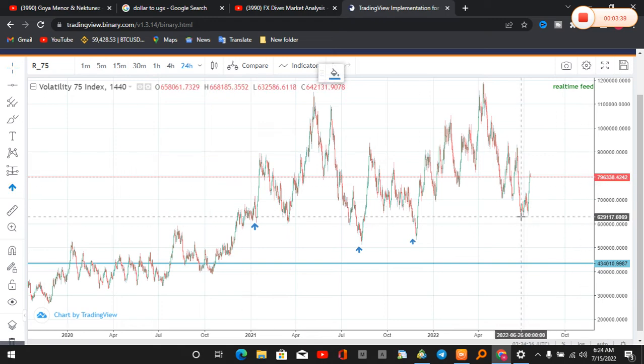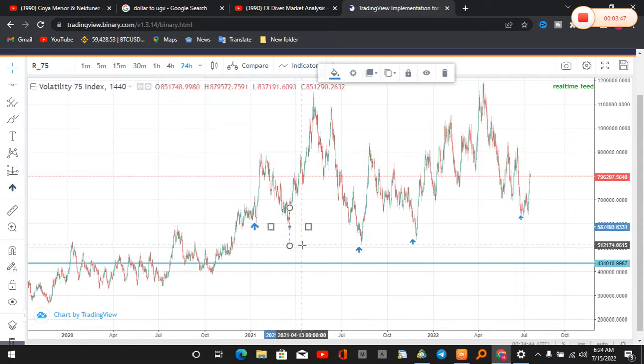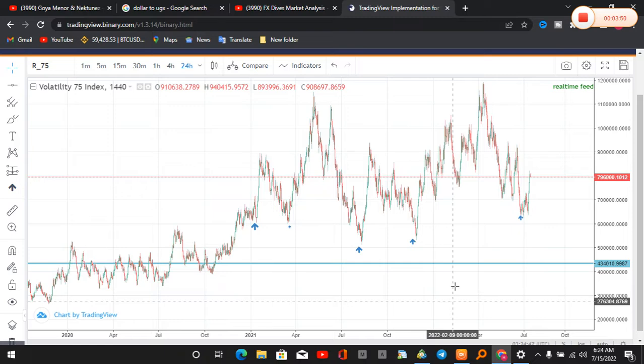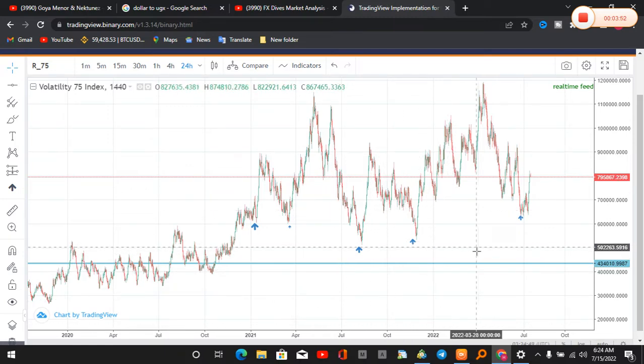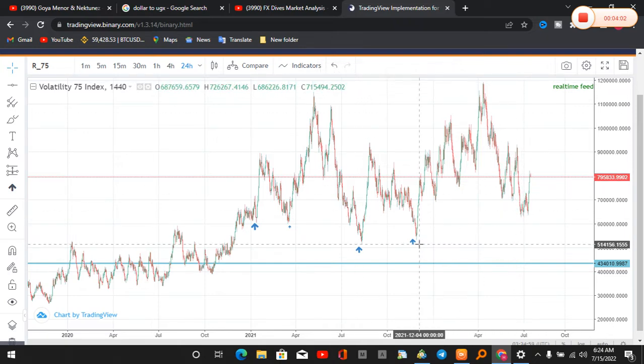There is another level here. There is also another level here. So remember, all these levels I'm trying to identify, at some point they act as a support level, at some point they act as resistance levels. So let me first delete all this.